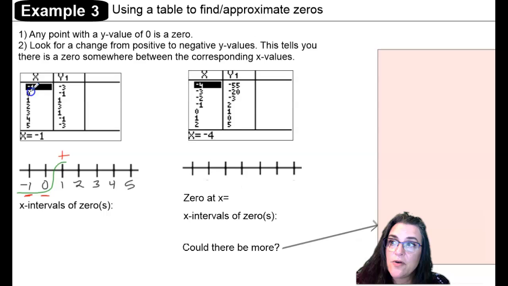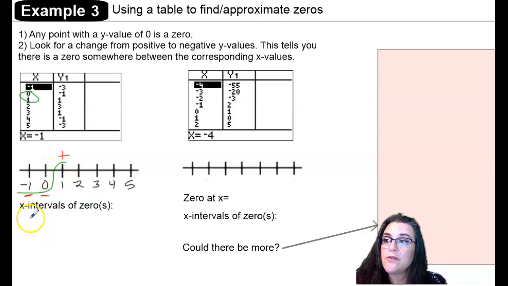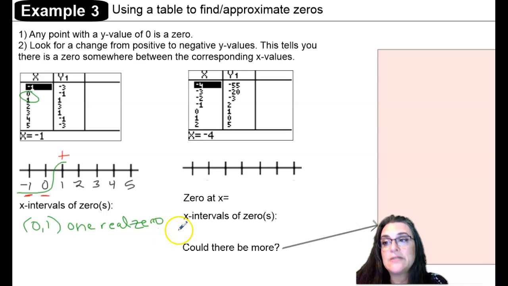So that means that right here from 0 to 1, somewhere in between that interval, there's going to be a real 0. So between 0 and +1, there's going to be one real 0. Okay, at least one real 0. It could be more, but I know there for sure has to be 1.